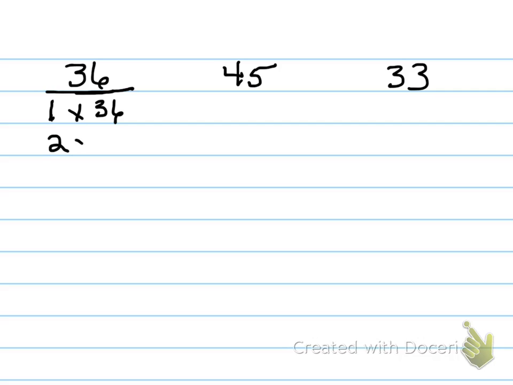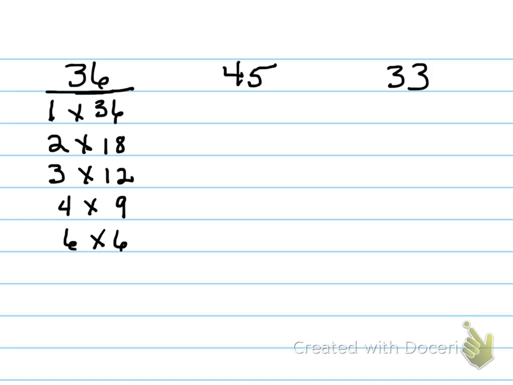Let's try it one more time. Let's try some larger numbers. So I'm going to try 36, 45, and 33. Now, I may have to do a little bit of multiplication here just to figure this out. Okay, I know that 1 times 36, 2 times 18, 3 times 12, 4 times 9, and 6 times 6.